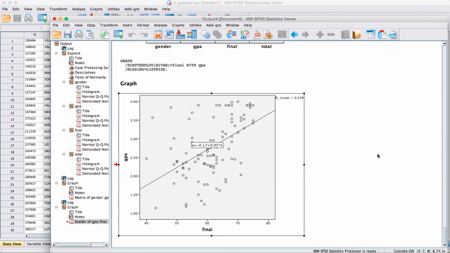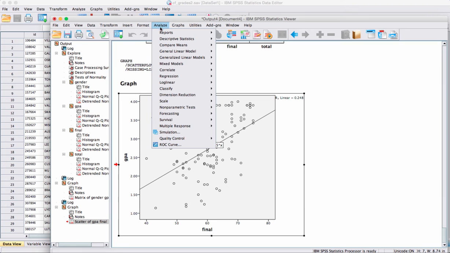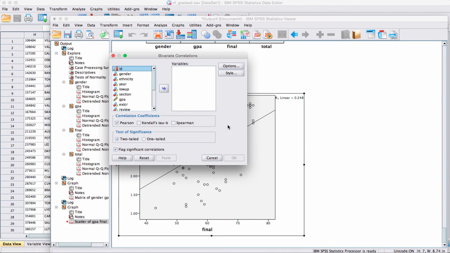Okay, so now for the main part of the analysis, we'll go up to Analyze, Correlate, and Bivariate. And what we're going to do is create what we call a correlation matrix. And so we're going to enter all the variables in this analysis into the variable section.